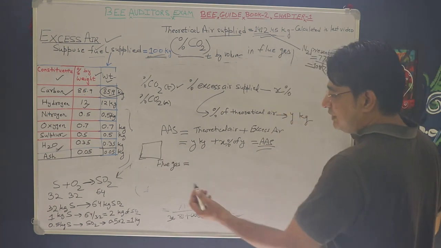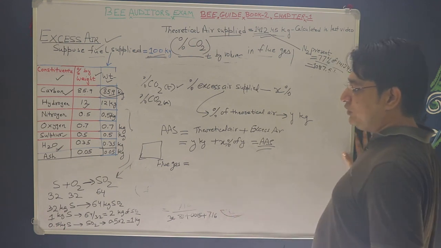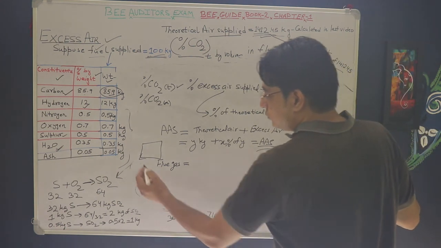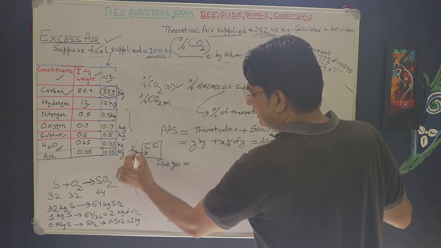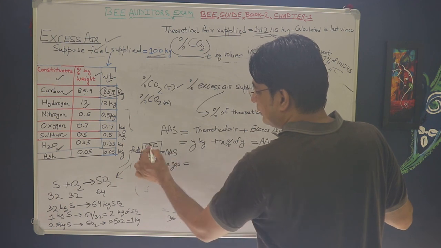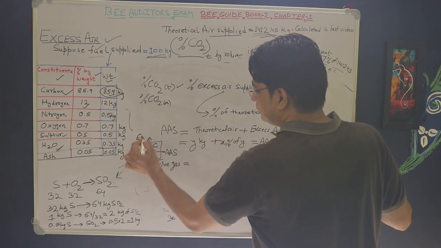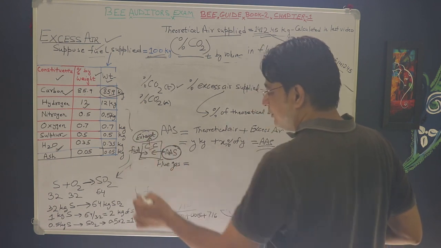Now suppose you have to calculate the flue gas that is being formed, or you have to calculate the weight of this flue gas which is being formed. As you know, this is your combustion chamber where fuel is entering. This is air, which I can write as actual air supplied, and this is your exhaust. When these two react, exhaust is getting formed.